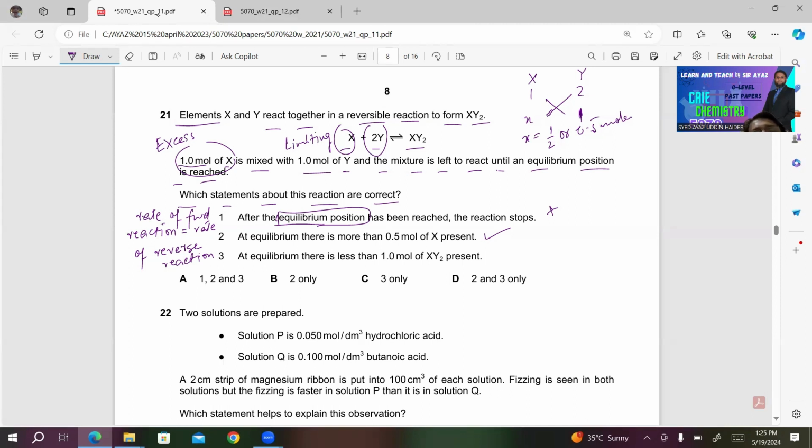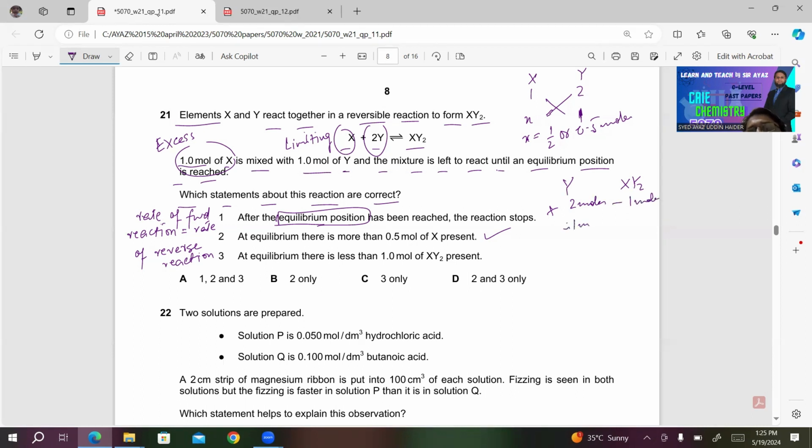Now coming back to Y, I am saying that it's the limiting reactant. I have already proved Y is limiting, which means the amount of the product present, that is XY2, depends on the amount of Y. So if you compare Y, XY2, 2 moles give 1 mole.